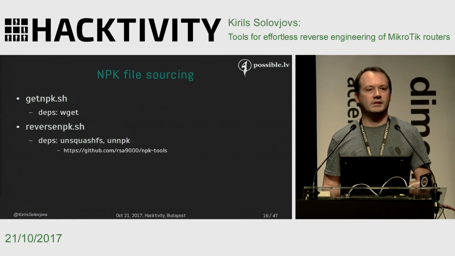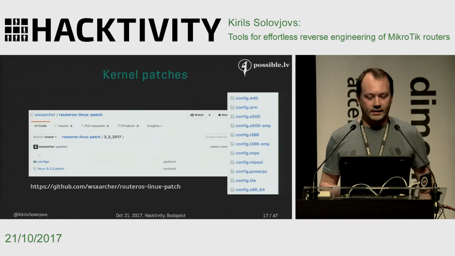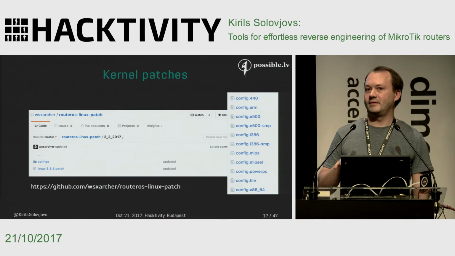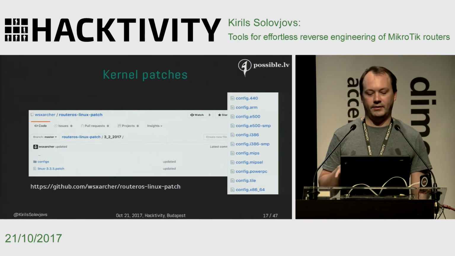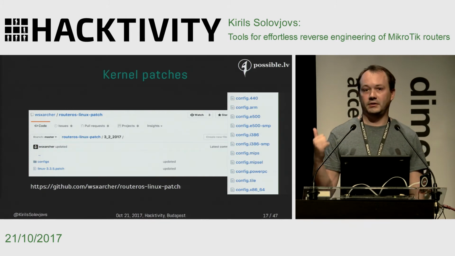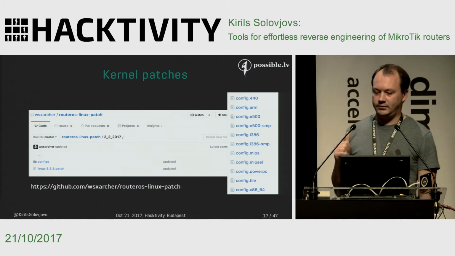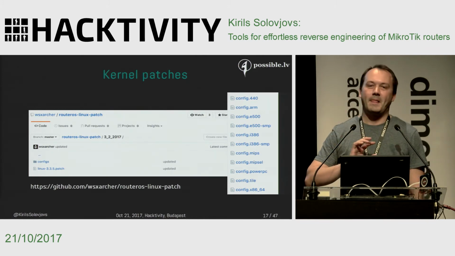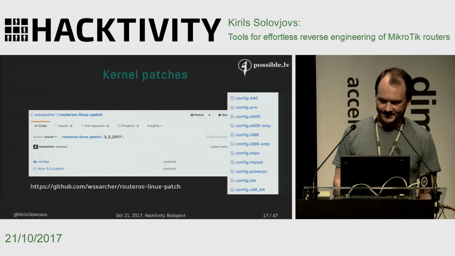In actuality, if you send them an email, they send you the link to download those patches, but those are quite old patches. Then again, there's one guy up on GitHub who managed to get new patches from them, and you can go there and work with those. And they also have config files for different architectures, which is super good because it allows you to more easily compile the kernel, let's put it this way.